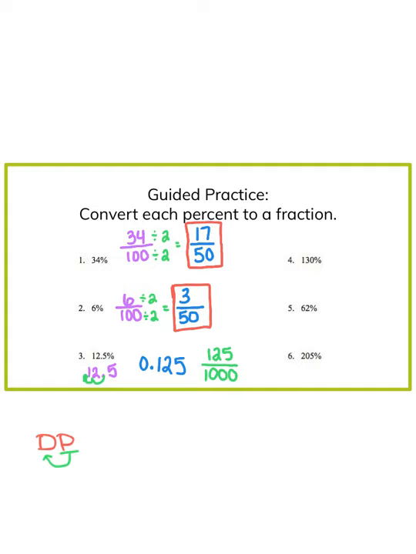Now I need to simplify my fraction if possible. I know that 125 and 1,000 can both be divided by 125. We can divide by smaller numbers and continue to simplify as well until we get to the smallest number.